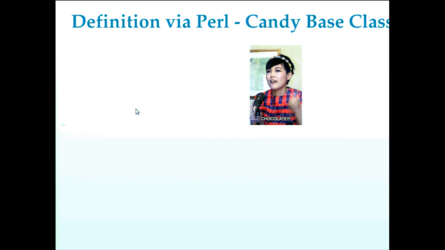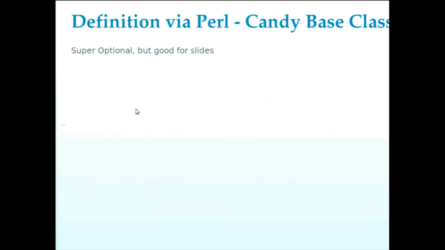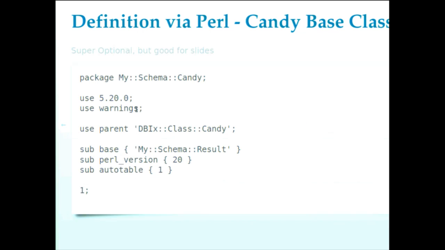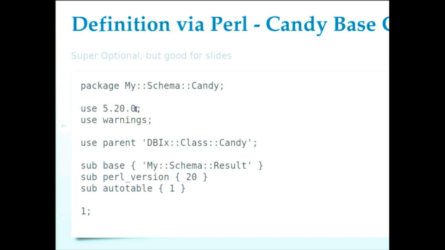All right, so the Candy base class. Again, this is really not required, but it really helps with the slides. So all we've done here is we've defined a class, and we're inheriting from the default Candy. We set the base to MySchema::Result, and what that does is when you use this, it sets that base as the base class of the class using it.